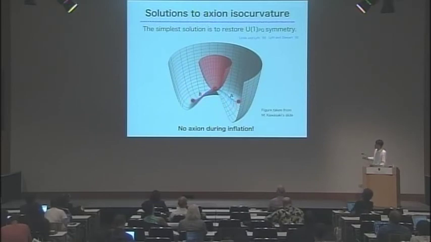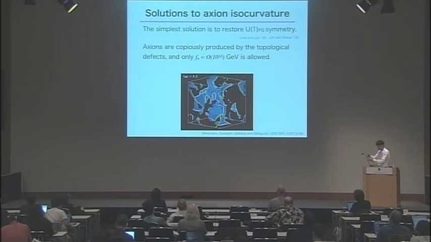But in this case, the axion appears when the Peccei-Quinn symmetry gets spontaneously broken after inflation, which leads to the formation of topological defects, the cosmic strings and the domain walls, at the time of the QCD phase transition. And the annihilation of those topological defects leads to copiously produced axions, and FA must be around 10 to the 10th GeV in order not to exceed the observed dark matter abundance.